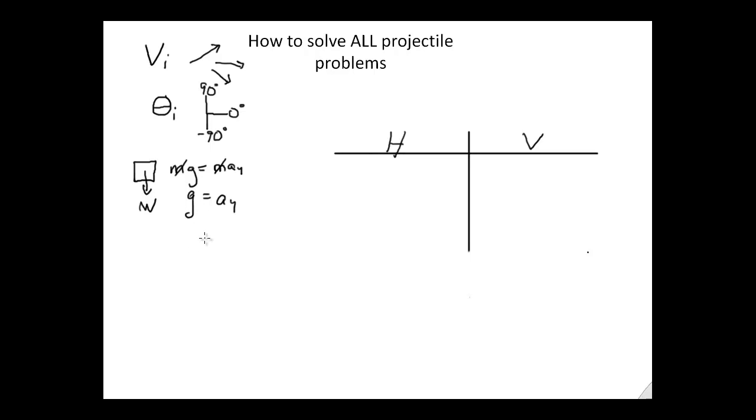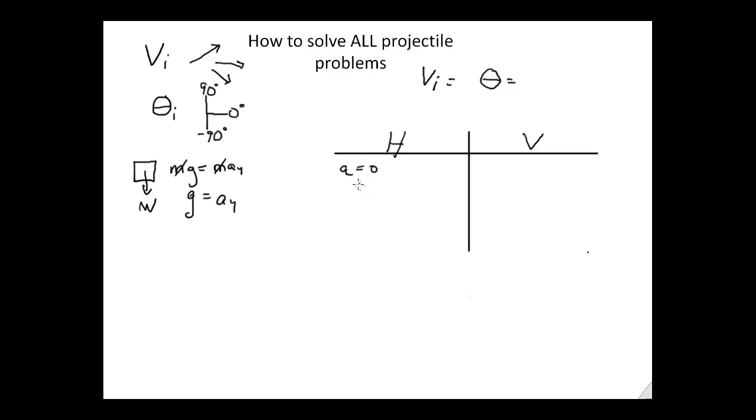To start a projectile problem, the first thing I always do is start up here, and you should be very organized. Write down your initial velocity and write down your angle. Horizontally, we know that a is 0. There's no force on the horizontal axis because we're assuming no wind resistance.